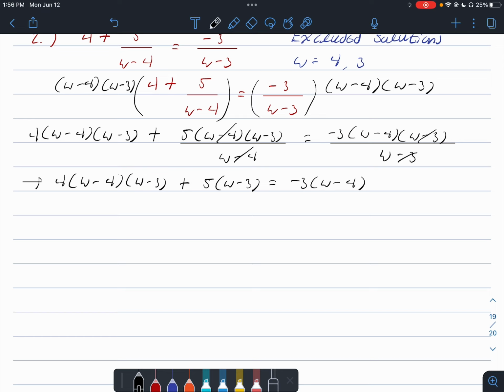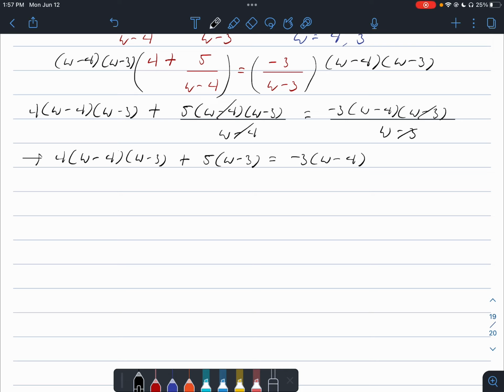So here we should go ahead and FOIL these two binomials first, okay? So we're going to end up with 4. I trust that you guys know how to do this now. So we'll have 4 times w squared minus 3w minus 4w. So we'll have minus 7w. And then we'll have negative 4 times a negative 3. That's going to be plus 12. Okay.